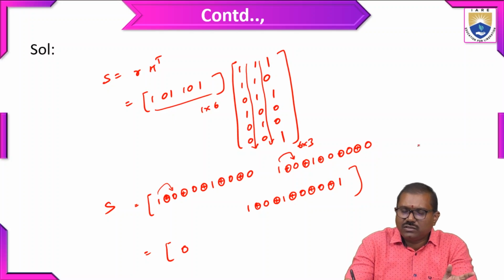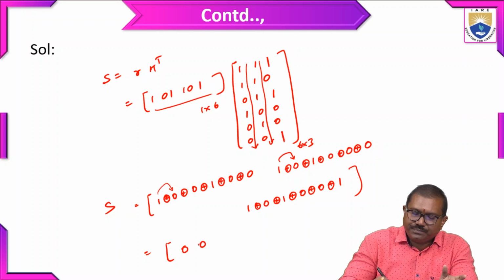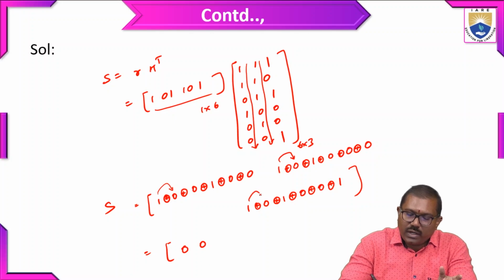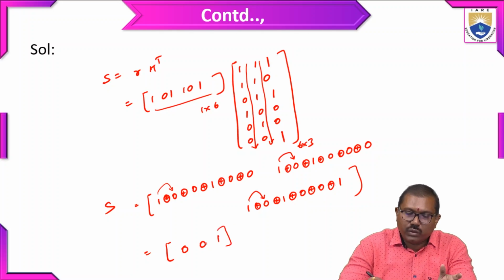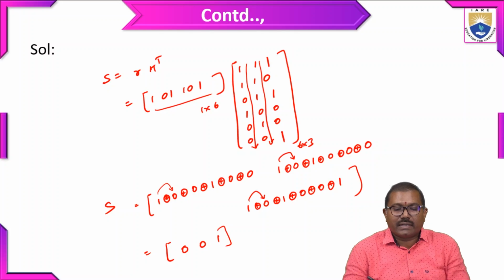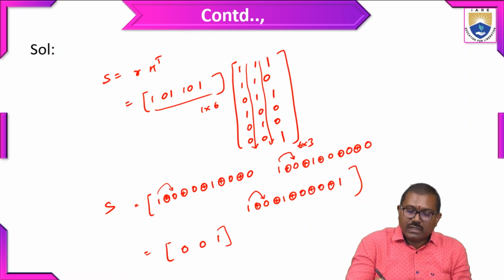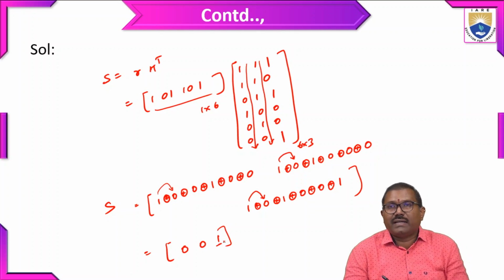So 0 XOR 0 is 0. Next 1 XOR 0 is 1, again 1 XOR 1 is 0, 0 0. Last two again we have 1, so 0 XOR 1 is 1. So it indicates an error is there. So the third bit is in error.